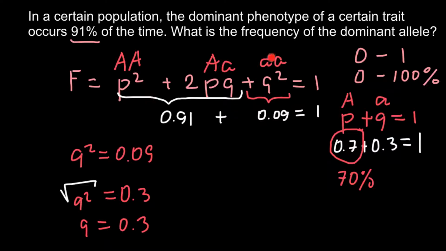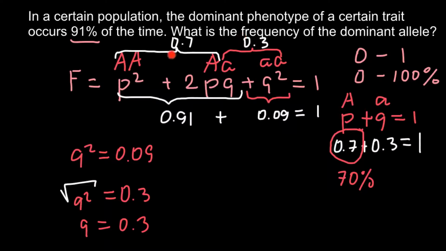One more time, these three genotypes represent all possible genotypes and their frequencies in the population, and here is the frequency of the dominant allele, 0.7, and here is the frequency of the recessive allele, 0.3.